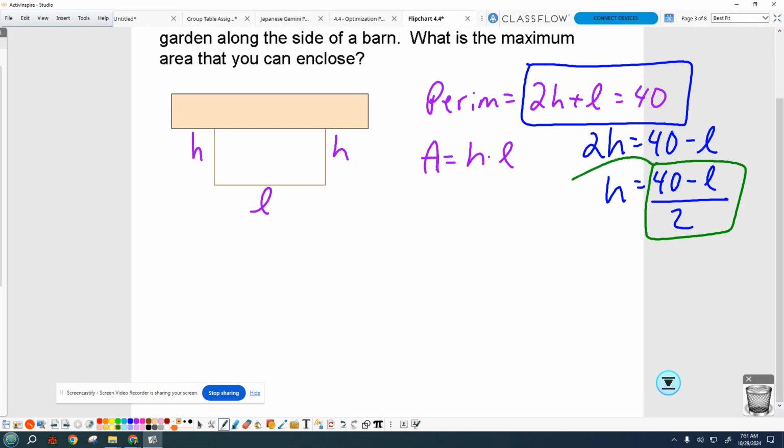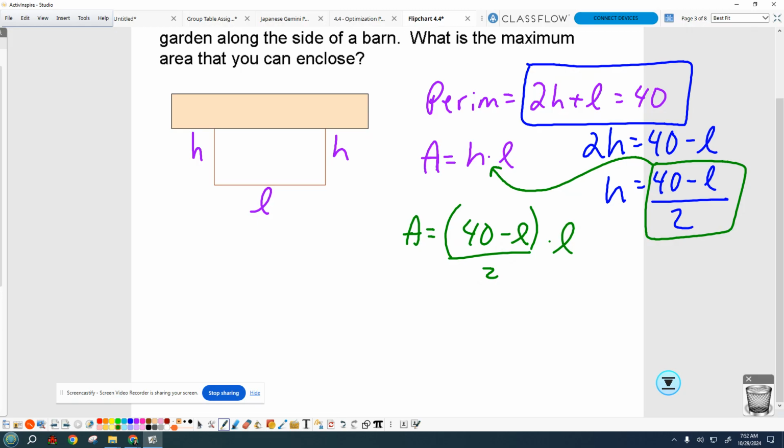I want area all in terms of one variable, not two. So substitute, get rid of H and put in what we calculated for H. 40 minus L over 2 times L. Okay, now do I have area all in one variable?